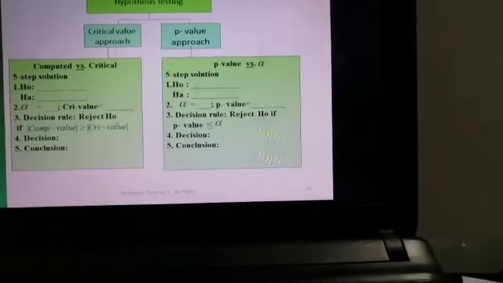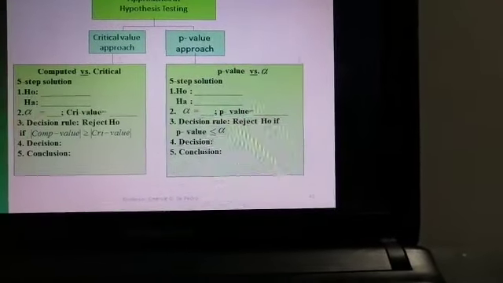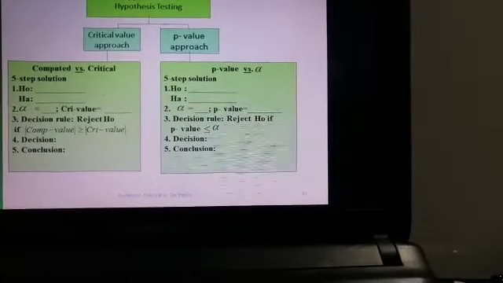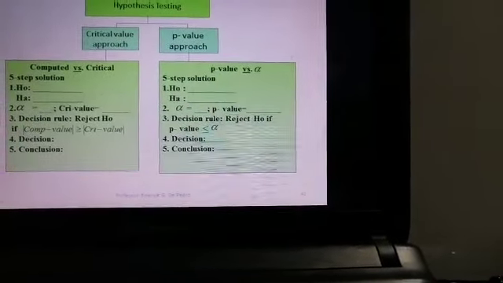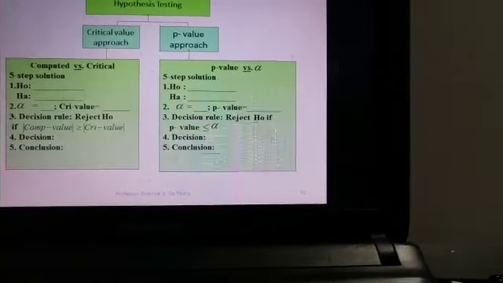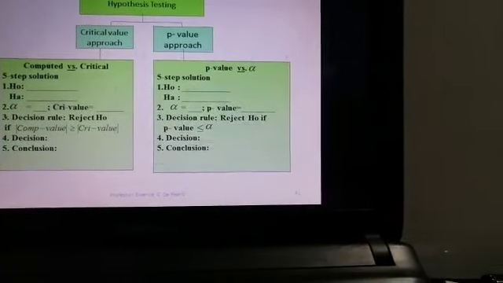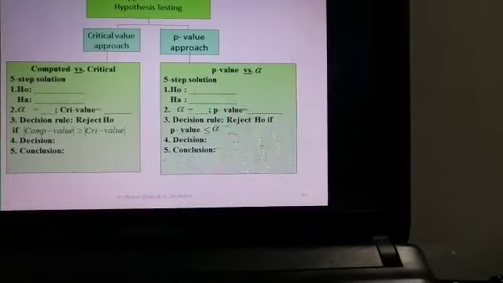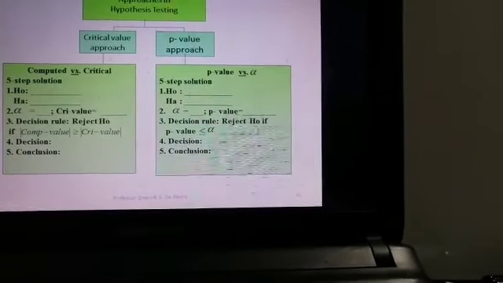And then for both approaches, you will have to do the same steps for 3, 4, and 5. Write the decision rule in number 3. So you state no when to reject the null hypothesis. And then for number 4, you have to make decision.